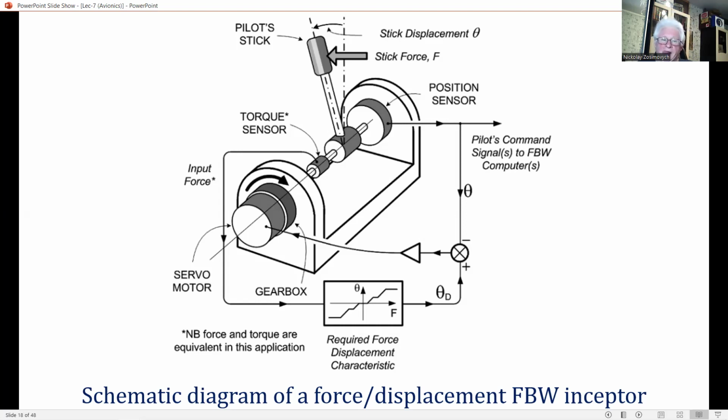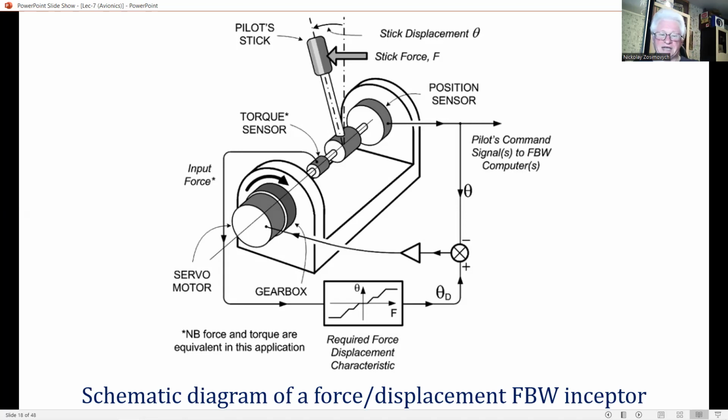The servo loop has a relatively high gain or stiffness. Further increasing the stick force will result in the breakout force being reached, and continuing to increase the stick force is matched by the appropriate motor force.